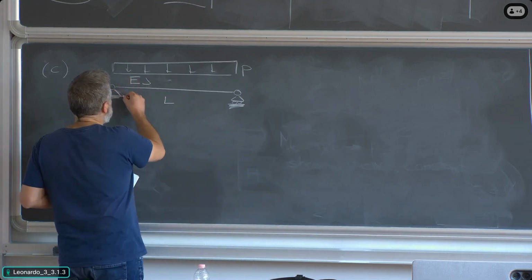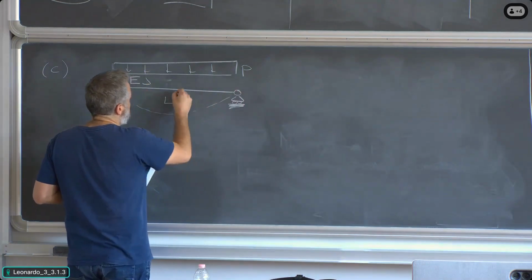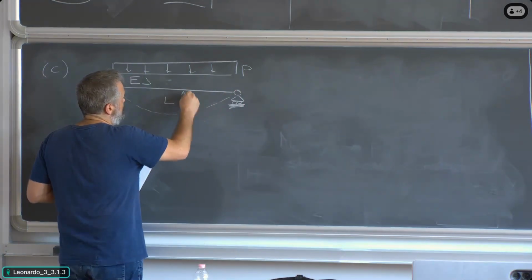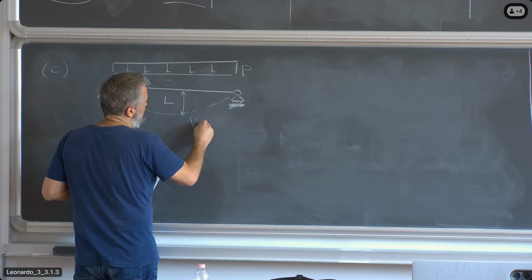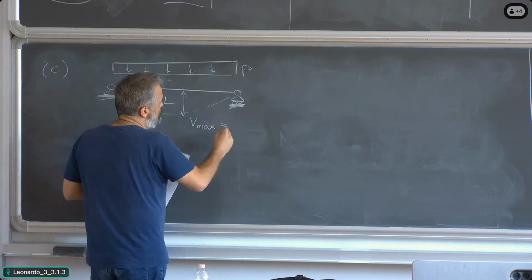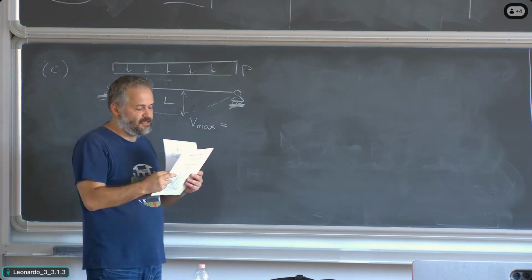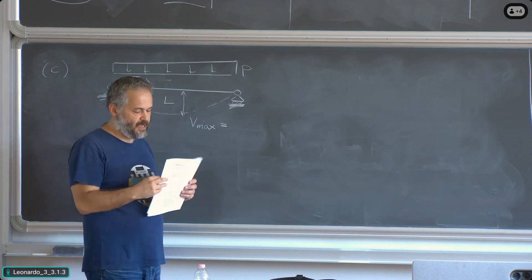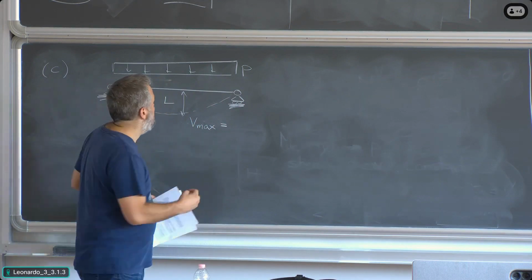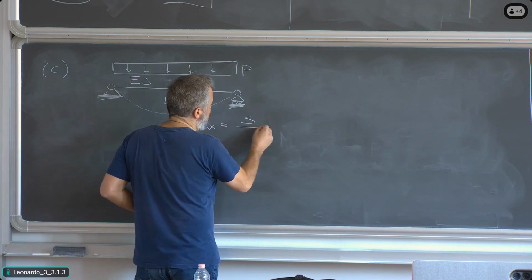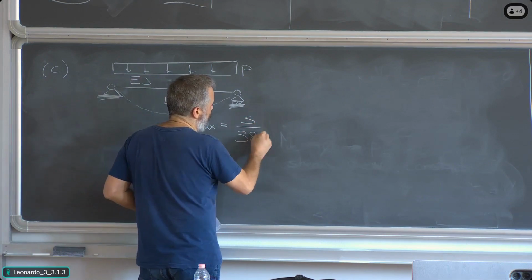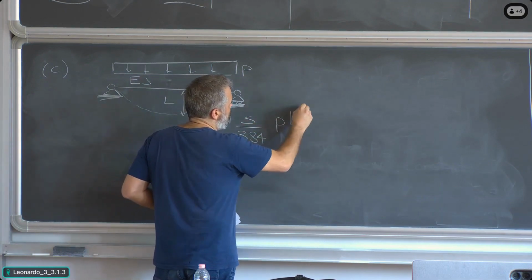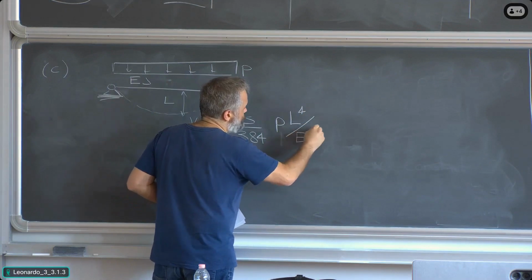Then this means that there is displacement at midspan, which is V max equal to, this was provided in the design aids, okay, which is equal to 5 divided by 384 PL to the power of 4 divided by EJ.